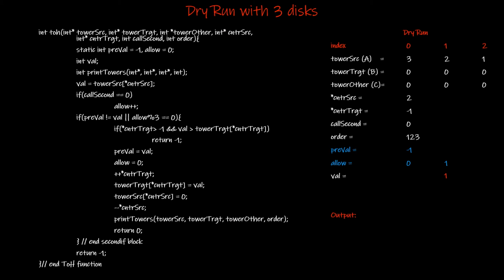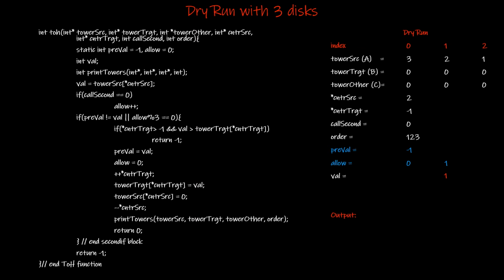Is counter target greater than -1? Right now counter target is -1, it is not greater than -1, which means that tower B is empty. So there is no need to check whether the current disk value is greater than the disk value present below the target location.